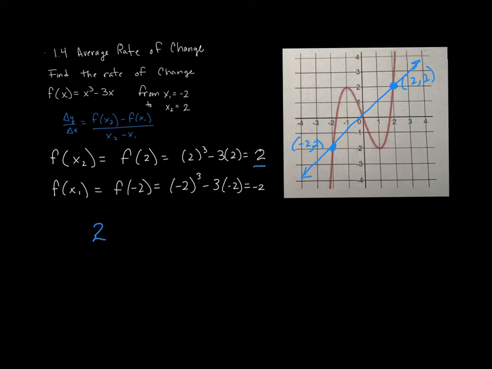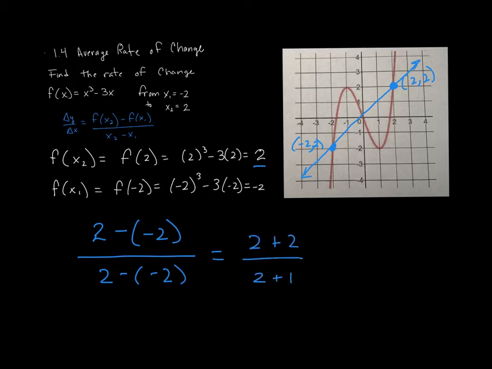So that gives us 2 minus f of x1, which is also, in this case, negative 2, all over x2, which was 2, and then I'm subtracting x1, which is negative 2. So that gives us a rate of change of 1.